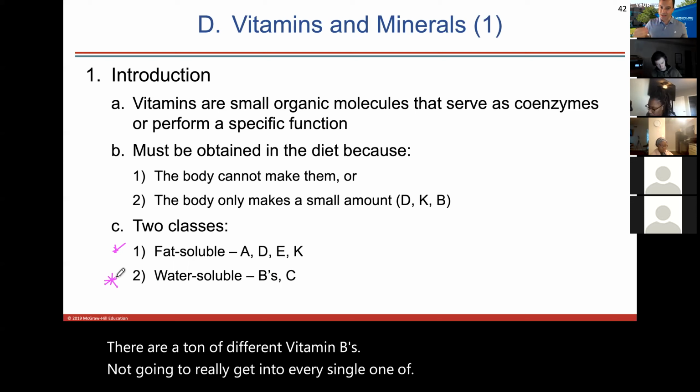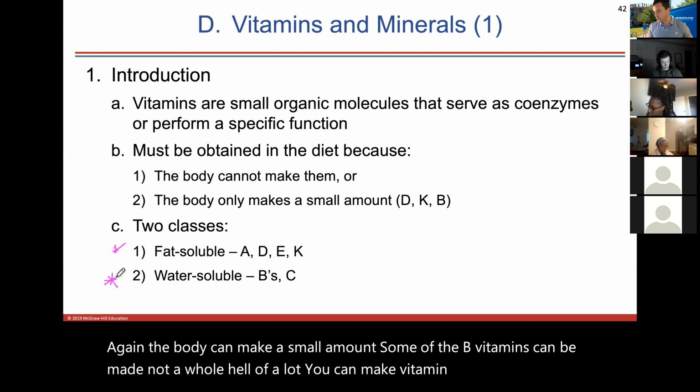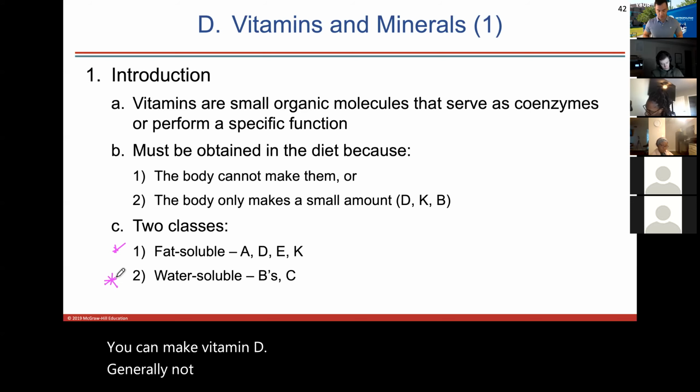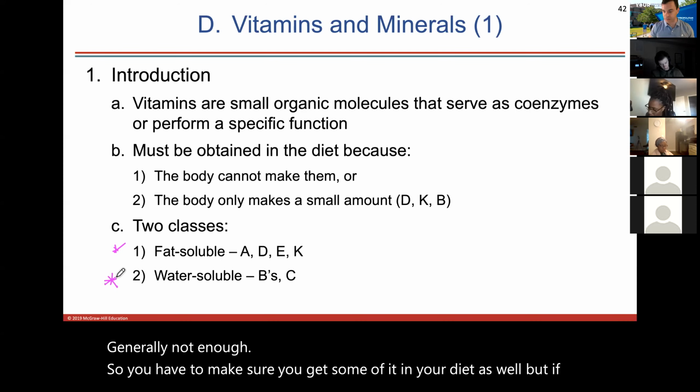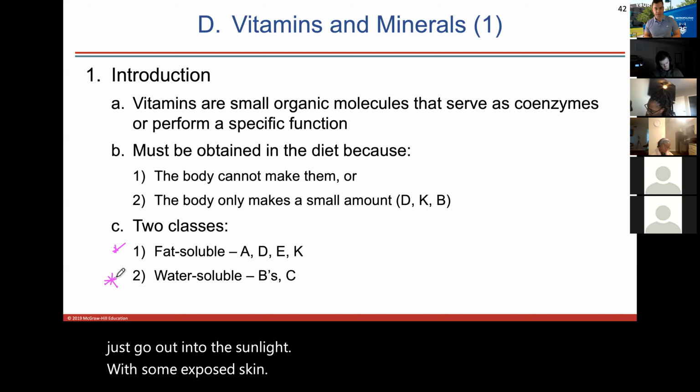Again, the body can make a small amount. Some of the B vitamins can be made, not a whole lot. You can make vitamin K. You can make vitamin D, generally not enough. That's why you have to make sure you get some of it in your diet as well. But if you just go out into the sunlight with some exposed skin, you can make some vitamin D. These vitamins are important for what they ultimately make.